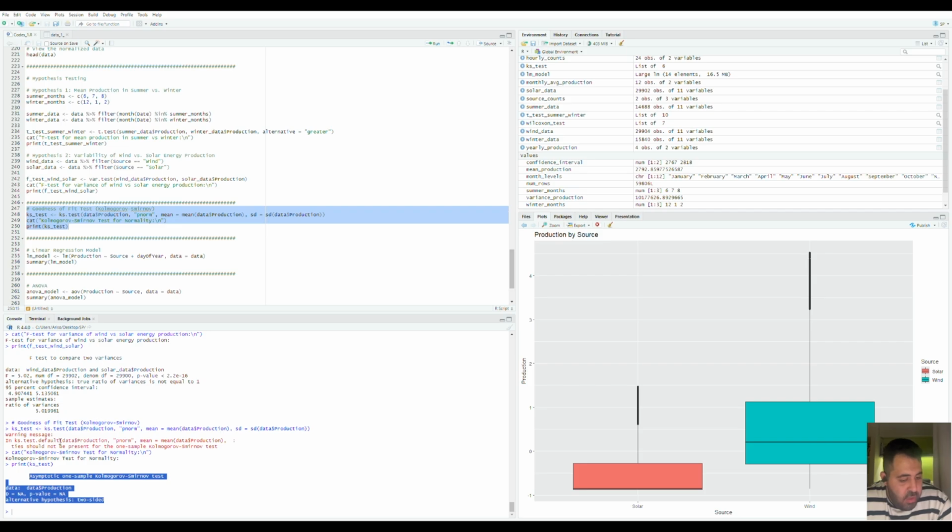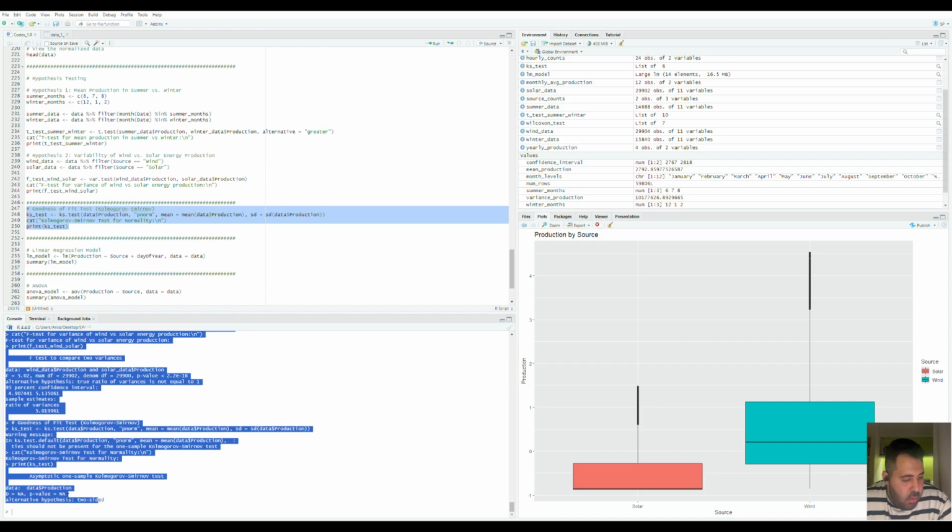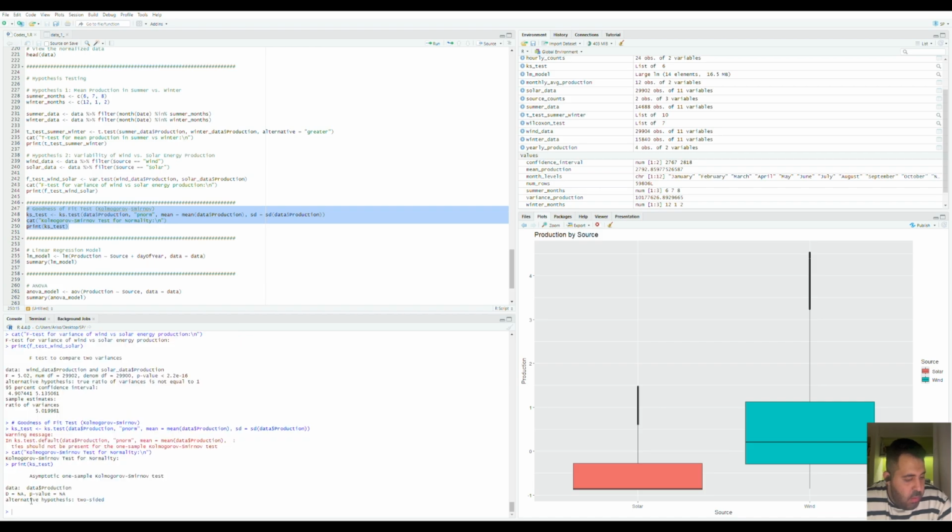In the results, the D says NA, p-value says NA. However, the alternative hypothesis says two-sided, which means the distribution of the sample data is different from the normal distribution.